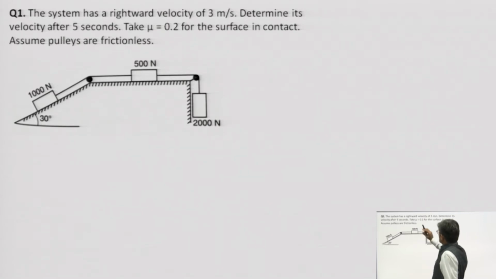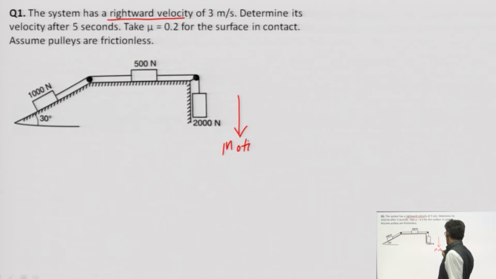In this example, a system consists of 3 blocks. One is vertical, another is horizontal, and the remaining one is on an inclined plane at 30 degrees. It has rightward velocity, meaning the motion is in this direction.